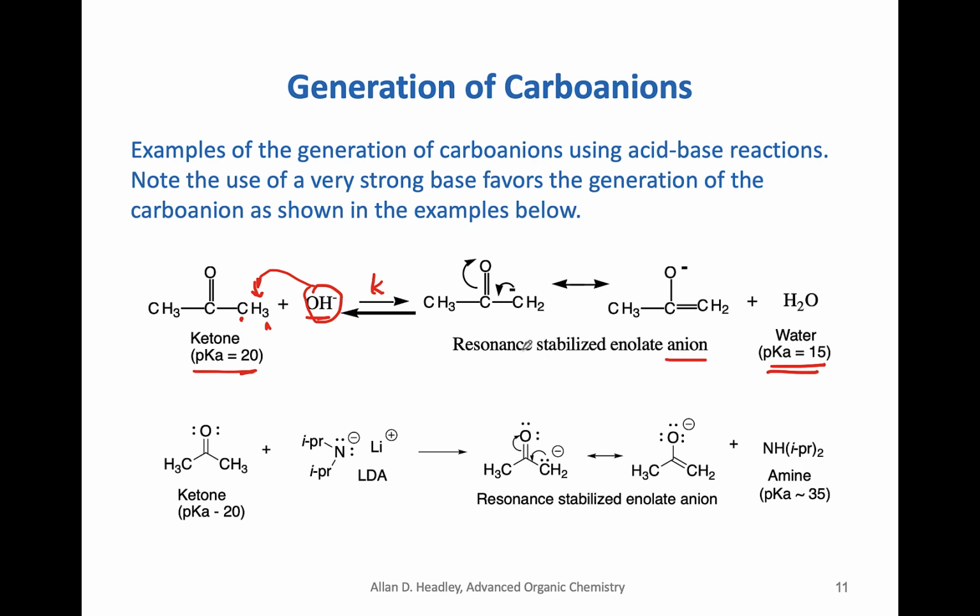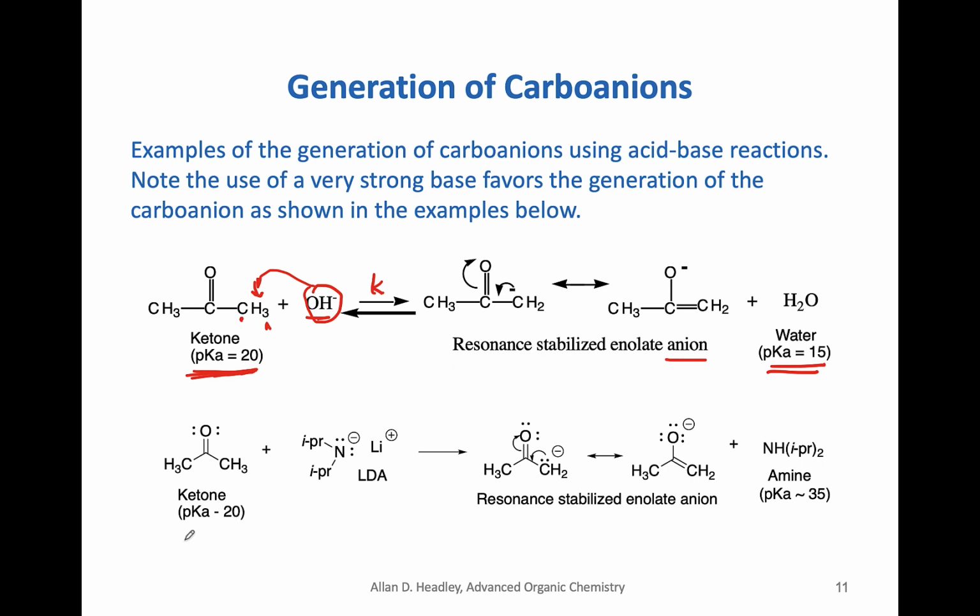So the equilibrium tends to shift to the side of the conjugate acid with the higher pKa. So you can see here the pKa is 20, so the equilibrium lies to the left, I guess is a better term. So the pKa here is 20, higher than the conjugate acid here, so the equilibrium lies to the left.